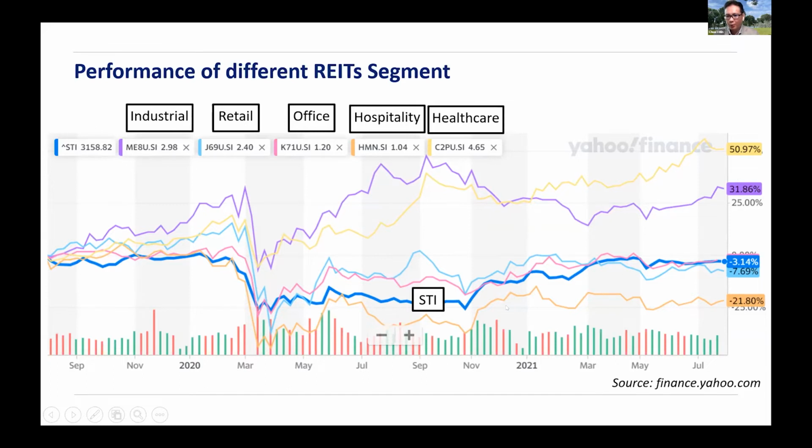Okay, so we look at the bottom one. This is obviously the hospitality REIT, hotels. Yes, hotels have not been the best performer, and if you ask me, it will still take a while more. But just to set the record straight, our hotel industry is also recovering.